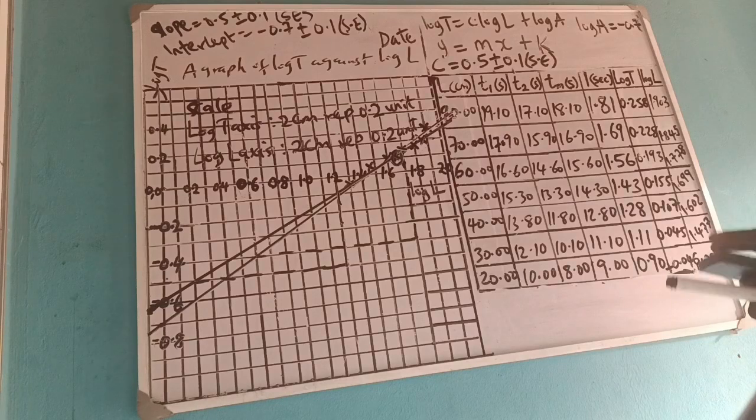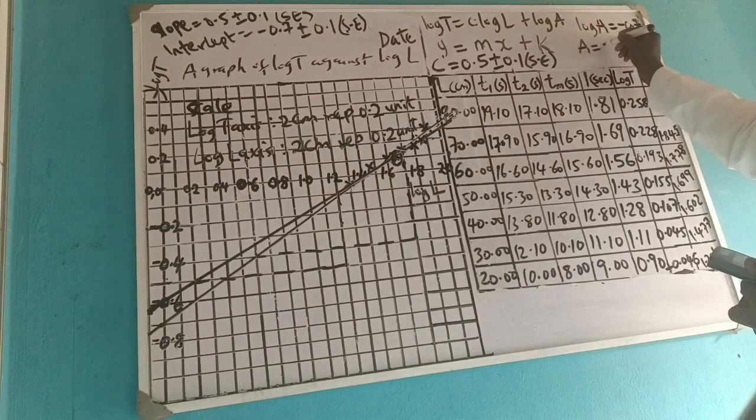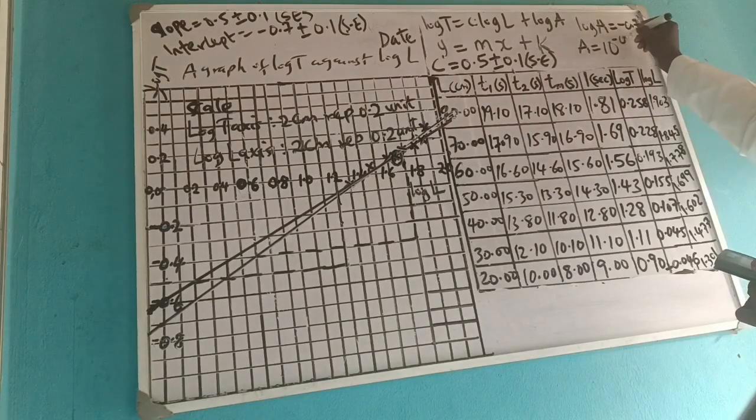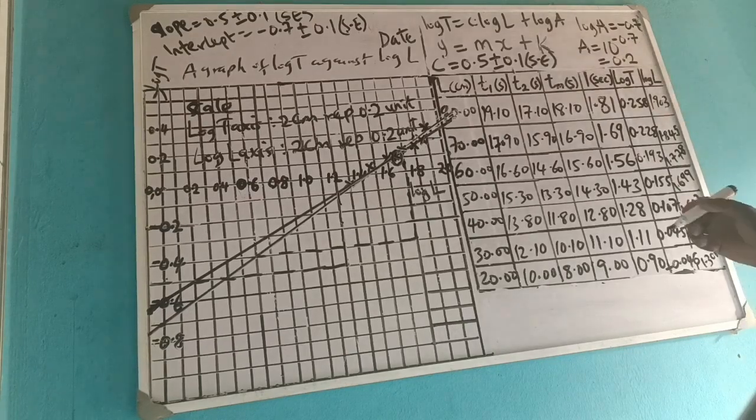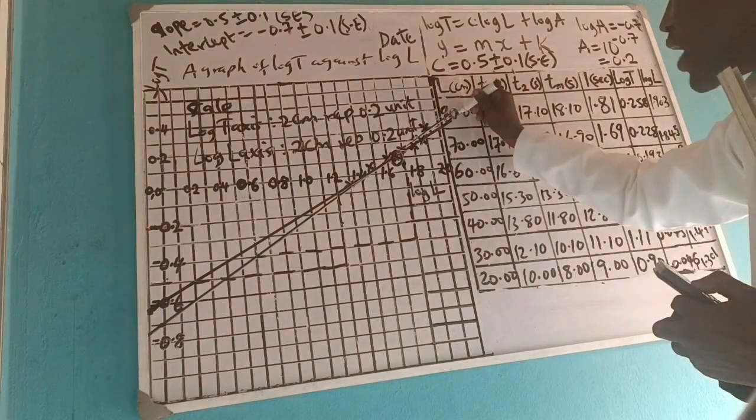A will be the anti-log of minus 0.7, which is 10 raised to power minus 0.7, and that will be equal to 0.2 approximately. So we have been able to get our A from our experiment.